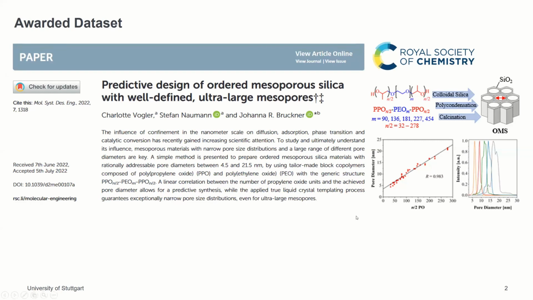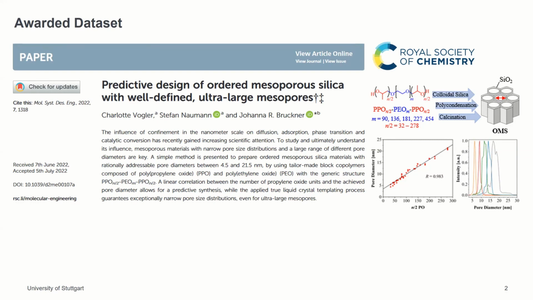As mentioned already, I came back to the University of Stuttgart to work in the CRC there. The idea of the CRC is to do catalysis within confined geometries, so to mimic the pocket of an enzyme with this confined geometry.